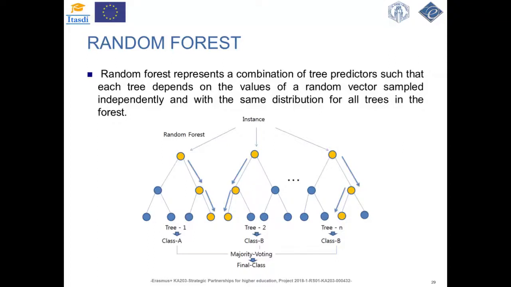For example, there are 100 trees, there are 100 results. So the result of the random forest is obtained as a majority voting for the final class, or the result is obtained so that the most voted class is chosen, the most voted class by the trees. And that is the final result of the random forest algorithm.